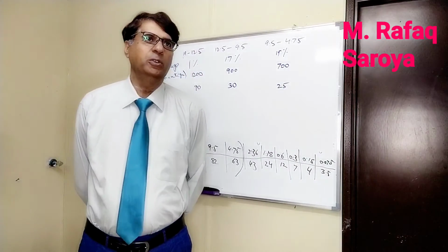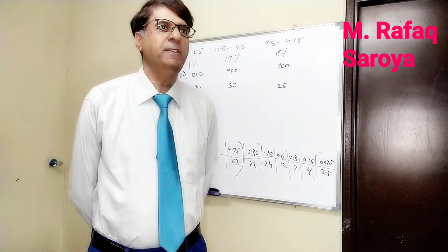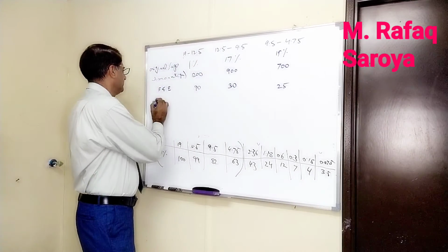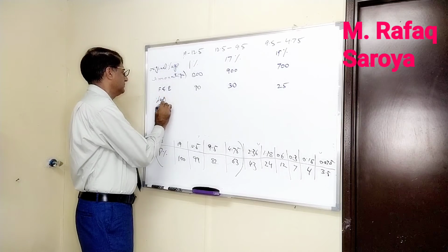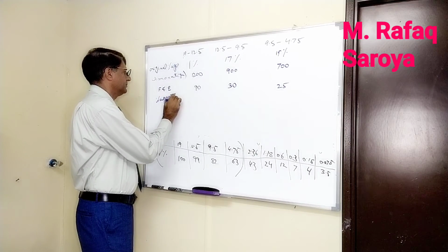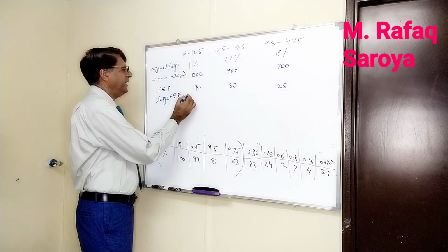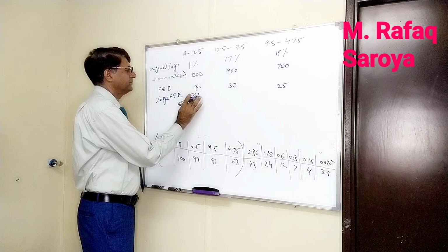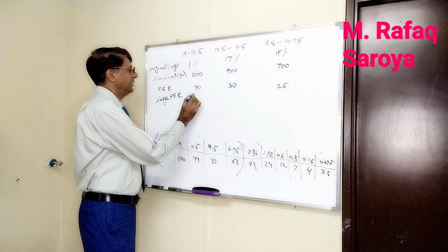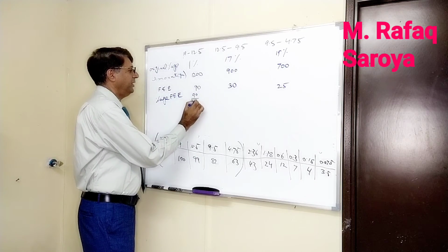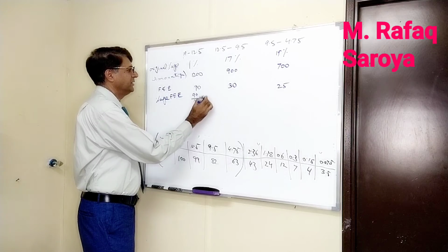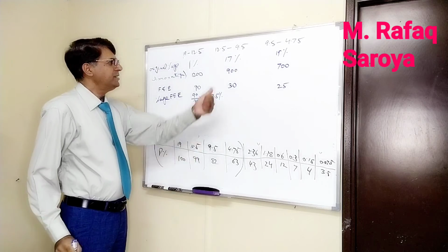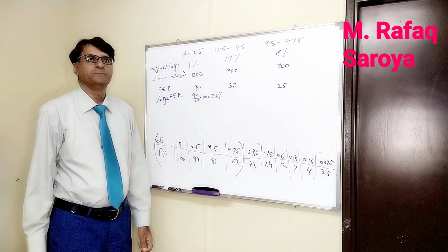Now from these values, if I try to find the percentage, it would be like this: 90 divided by 1200 into 100. It will come to 7.5%. Similarly, I will do it over here.